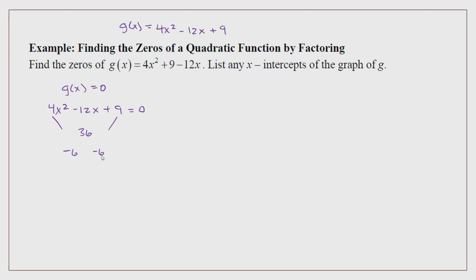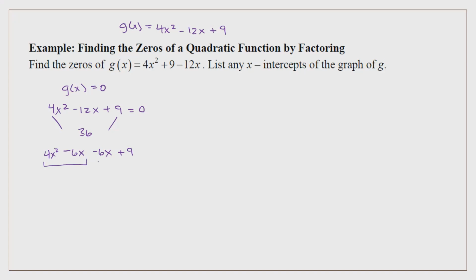Negative and negative make a positive, so that would give me a positive 36. But if I add them together, that would get me negative 12. So those are the two values that I need. So I'm going to rewrite negative 12x as negative 6x minus 6x. And then I'll bring down my other terms.